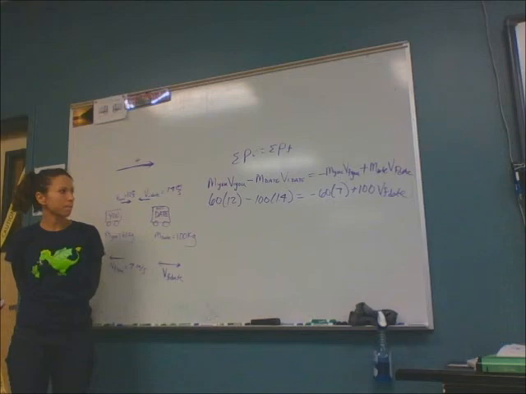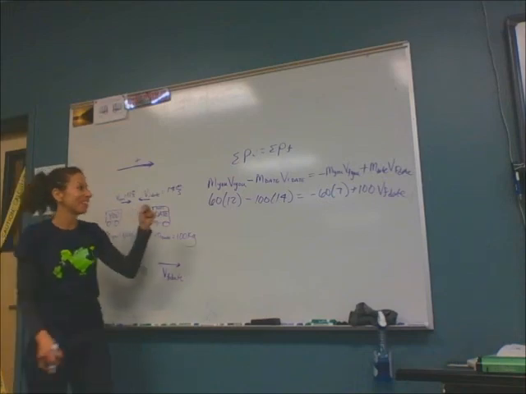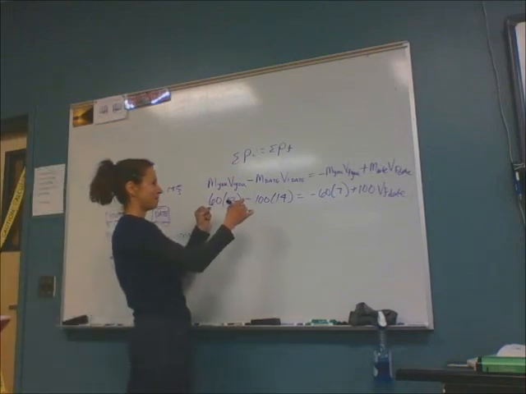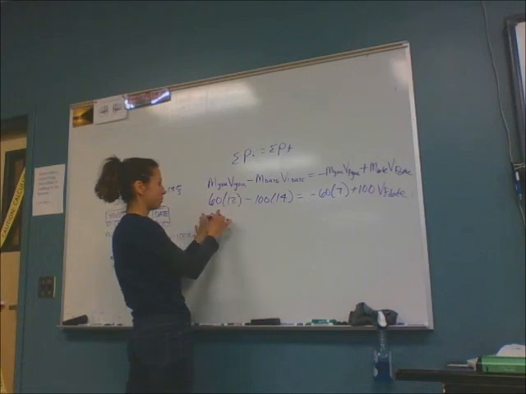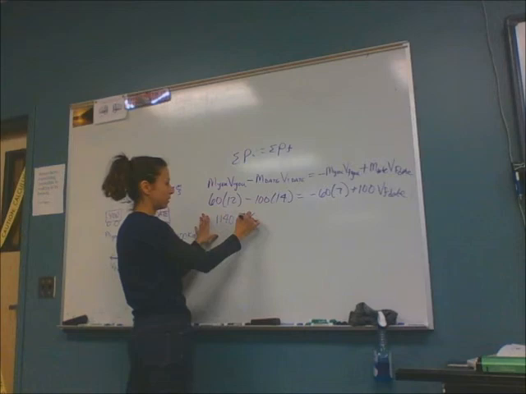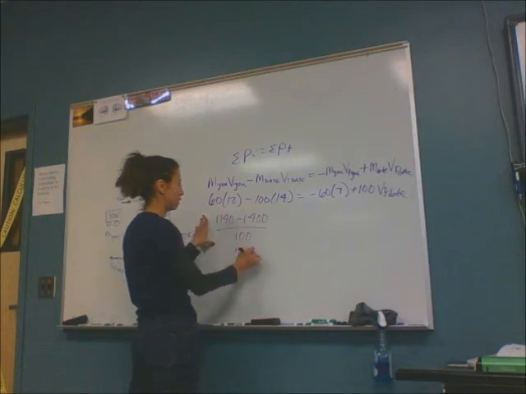Oh, you forgot to add the 60 times 7. I did it, I just did it wrong. So 60 times 12 minus 100 times 14 is what? And then plus 60 times 7 is negative 5.